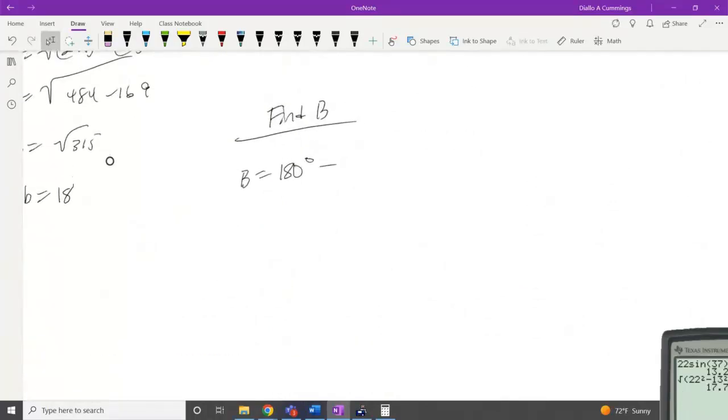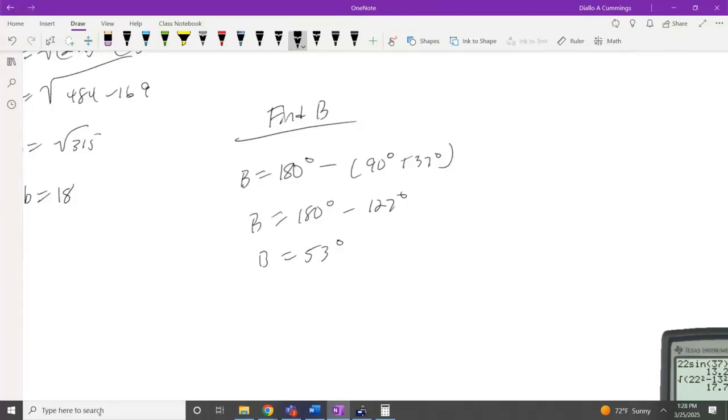So it's 180 minus 90 degrees plus 37 degrees. 90 plus 37 is 127. 180 minus 127 is 53 degrees. All right, so angle B is 53 degrees.